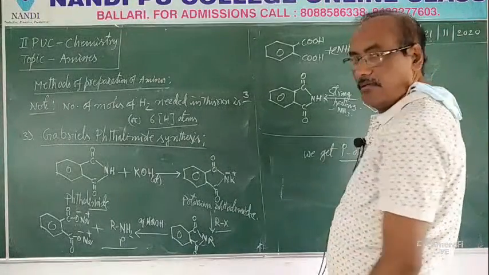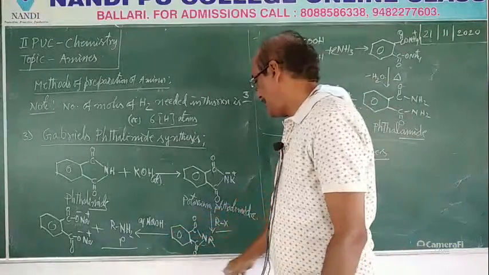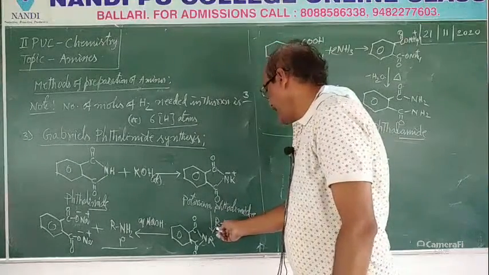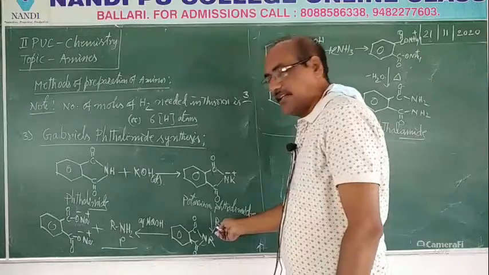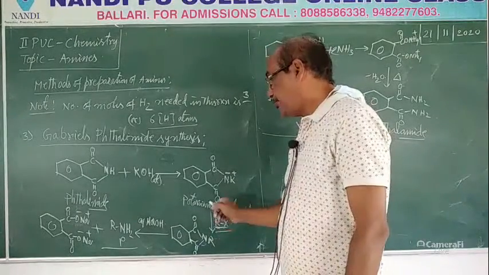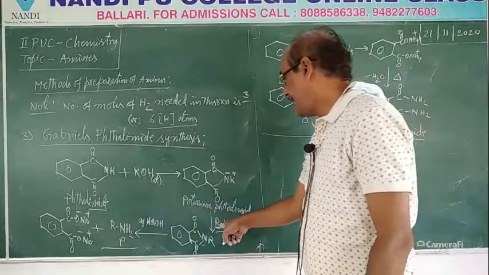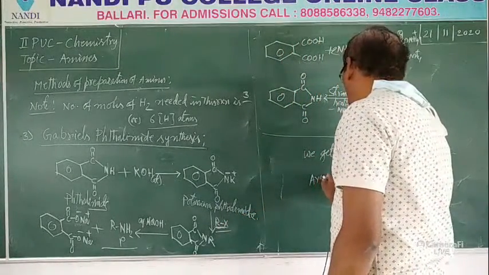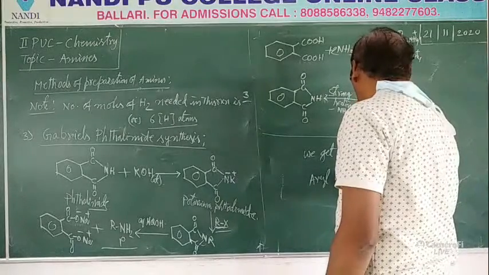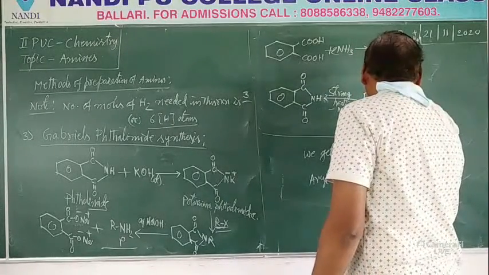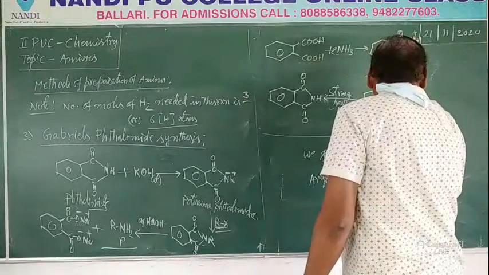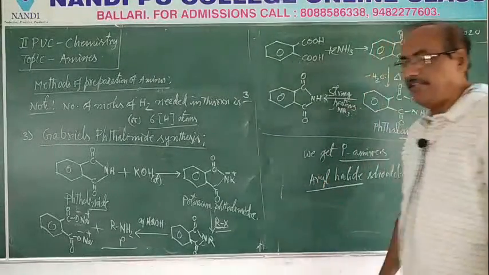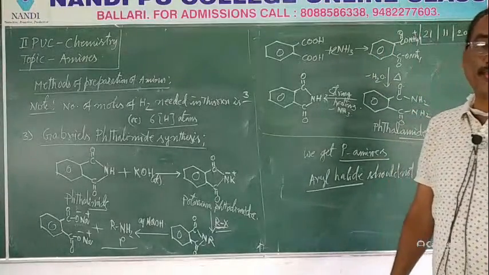Right children? So the alkyl halide is very important. You can take here alkyl halide as primary, secondary or tertiary. But aryl halide should not be used in this, because aryl halides will not go for nucleophilic substitution.